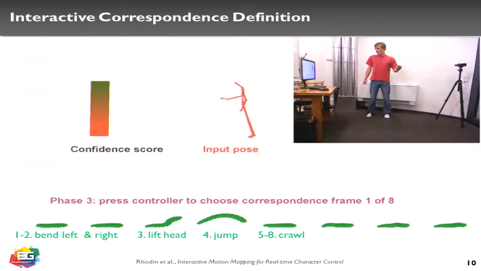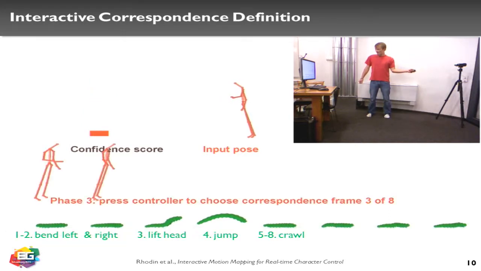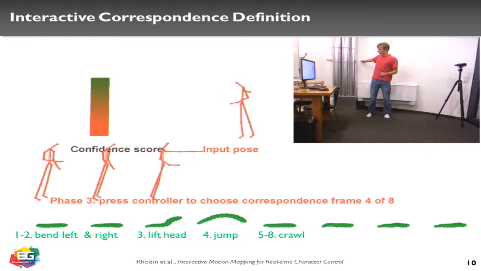So here's an example of how the mapping is working. As you can see, first you have to find a correspondence for the first motion. In this case, now he's doing a very similar pose, so the confidence score is very low. This way, you can see how your mapping is going.